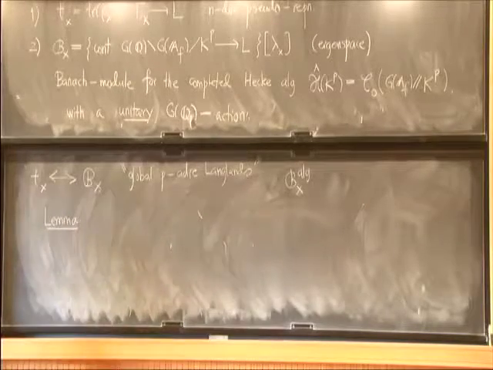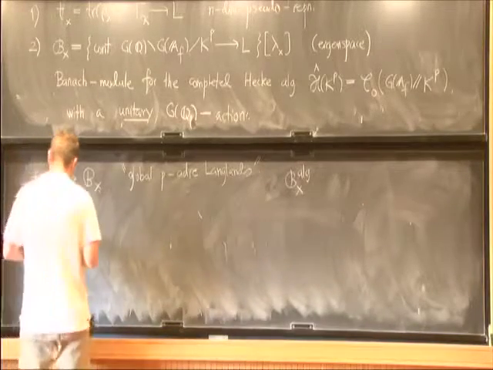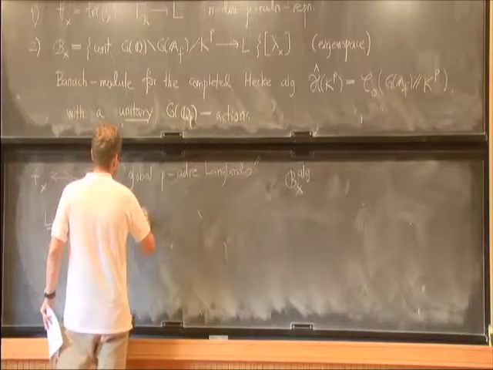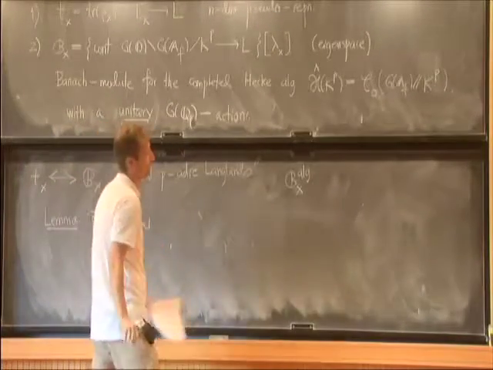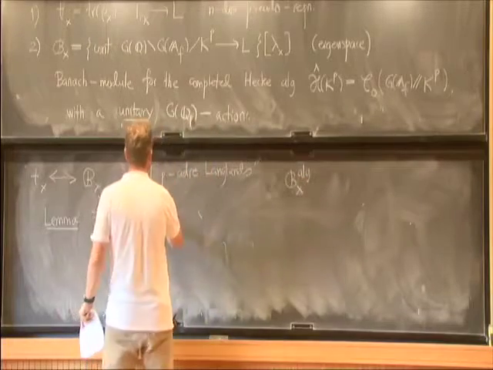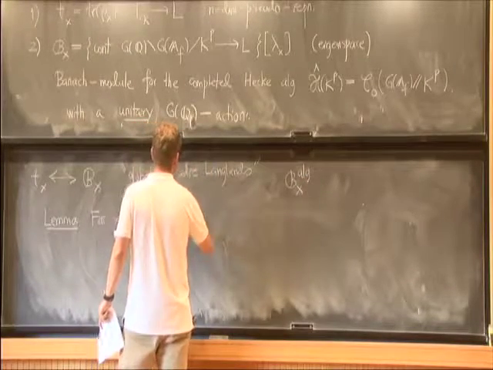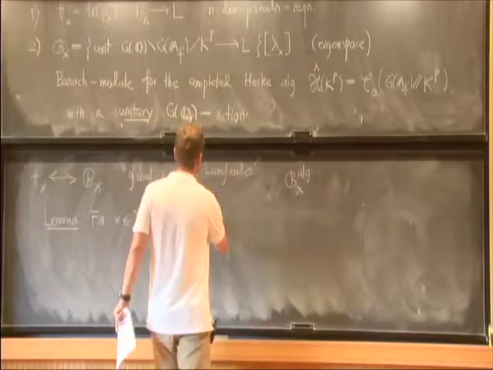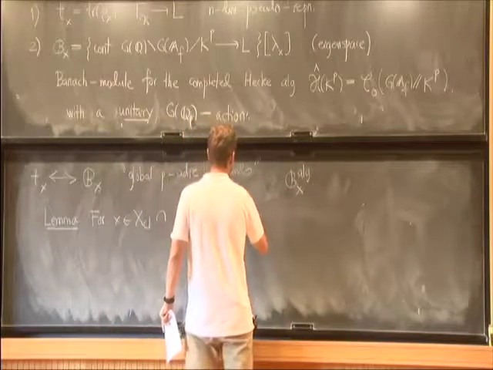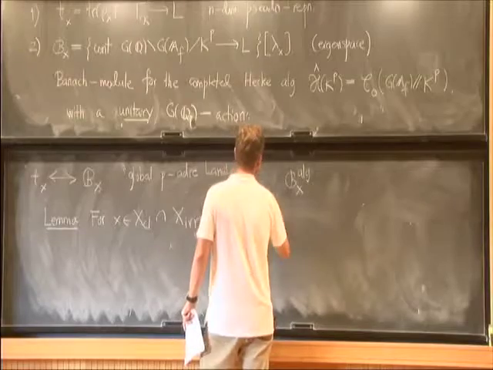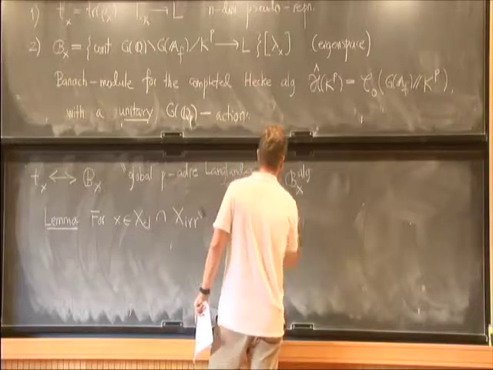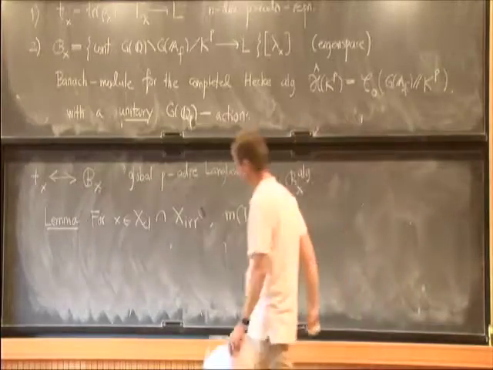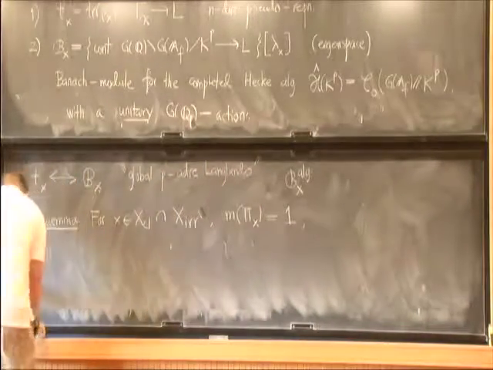So you make that hypothesis, and you take a classical point for which rho x is irreducible. And for simplicity, let's assume that the multiplicity of pi x is equal to 1. Perhaps that's always true. I don't know. Let's put it in there.